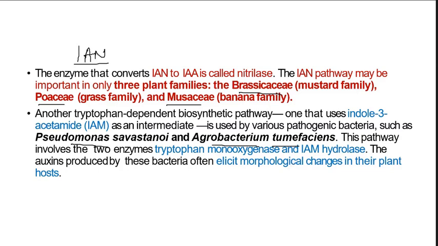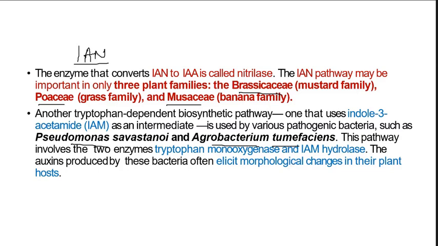And the last enzyme, from acetamide to acetic acid, is hydrolase. So remember that first was monooxygenase in the IAM and IAN pathways to form the first product, and the last enzyme for IAM is hydrolase and for IAN is nitrilase.